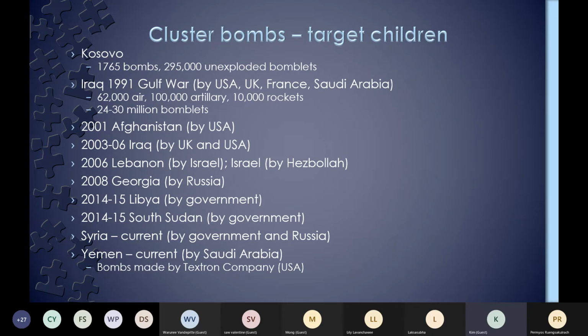And I've tried as much as possible to point out where the actual weapons came from when they were used. Now, as you know, there has been a major international movement against some of these weapons, and there was an international law passed essentially outlawing cluster bombs.